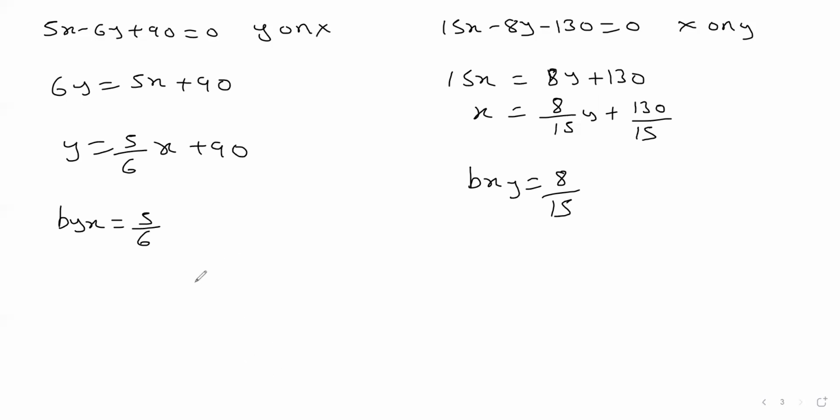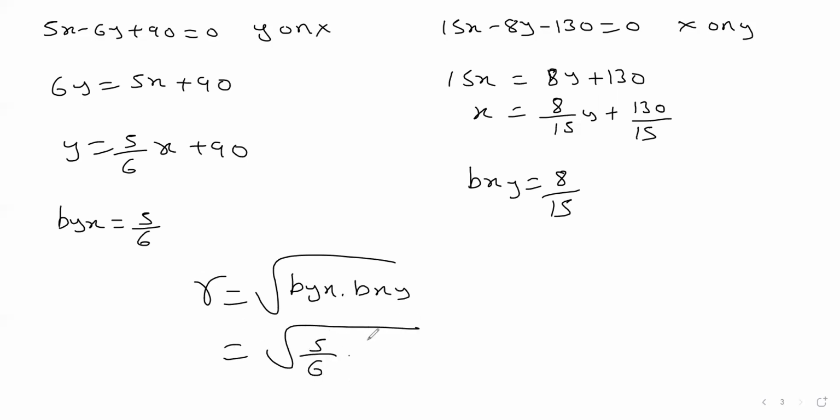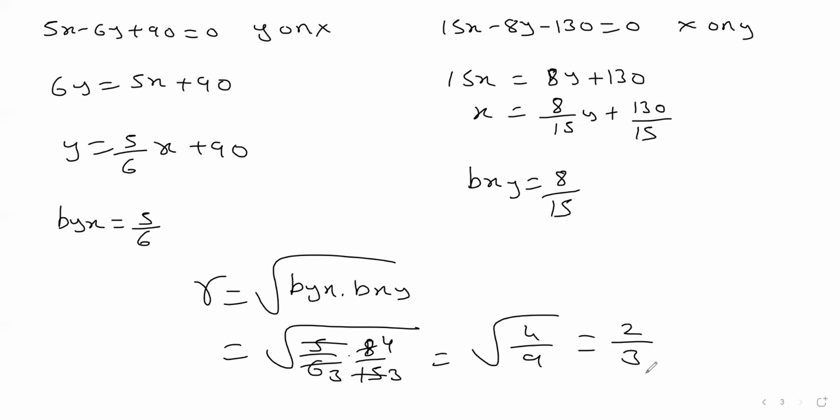That is okay. Now we'll find r. For r it is the square root of byx into bxy. That is 5/6 into 8/15. So this is 4/9, that is 2/3.